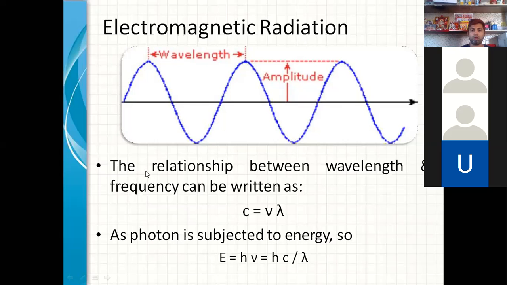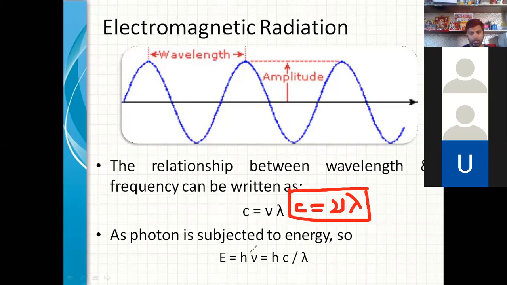Okay. The relationship between wavelength and frequency can be written as C is equal to nu lambda. As a photon is subjected to energy, E is equal to h nu.